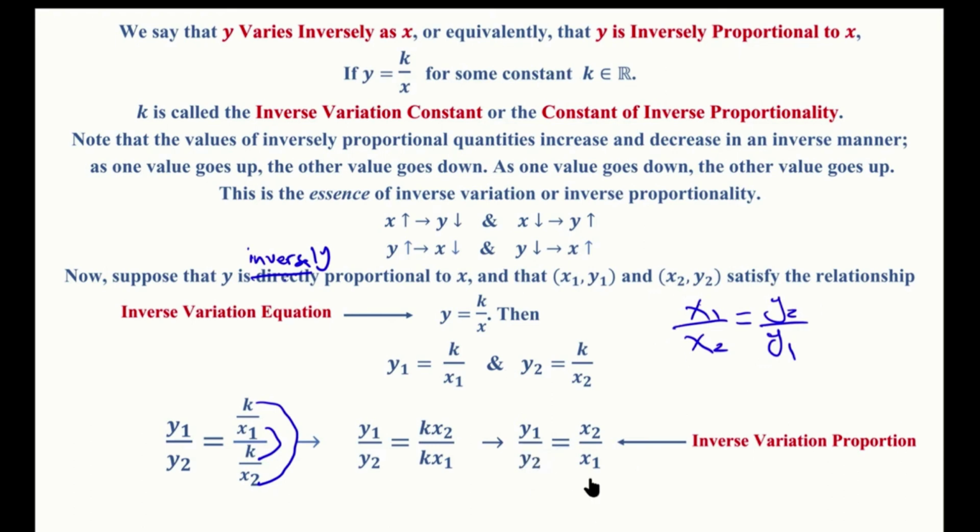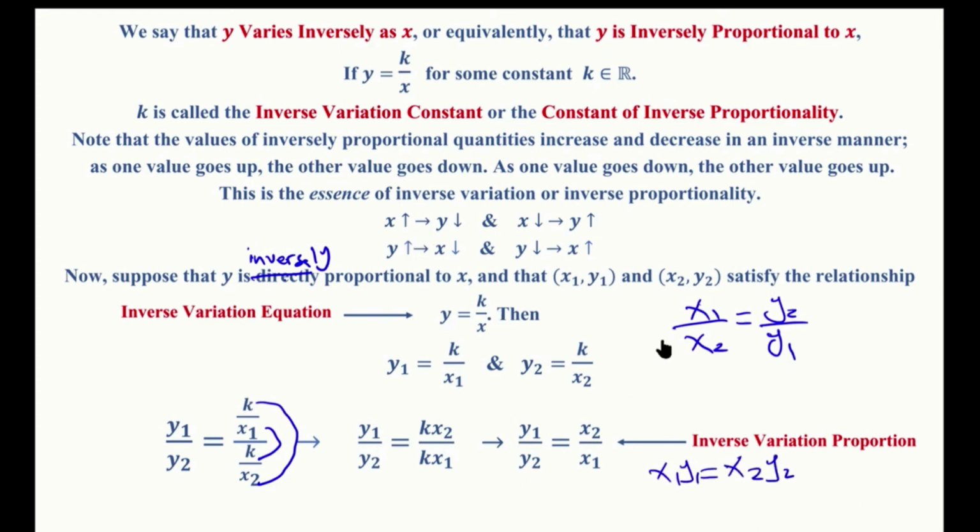And you can see how to get it, right? If you want to verify that this is true, make sure that the cross products are the same. Notice the cross product, this one is y1 x1, and this one is x2 y2, we have that too. You can also cross multiply and get x1 y1 equals x2 y2.